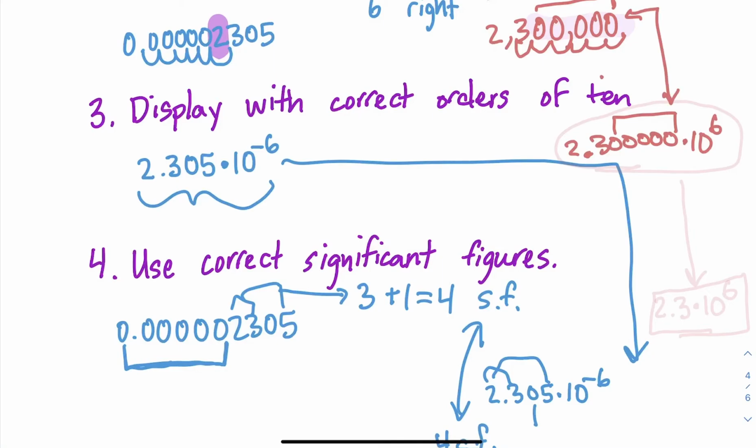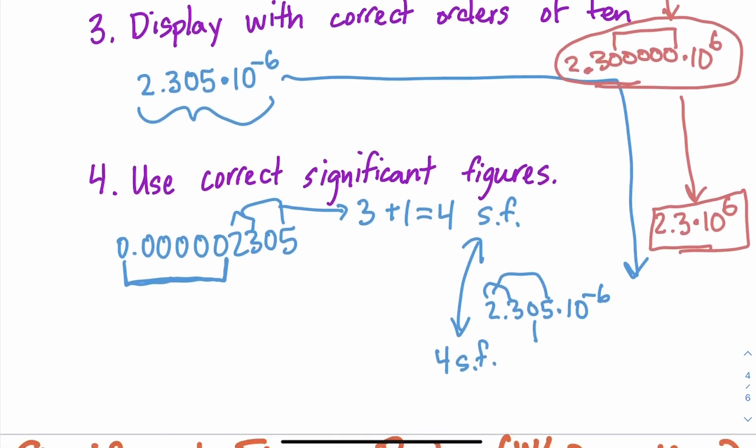So in order to change that, we would have to realize that all these zeros are not significant because they are to the left of the decimal point, and therefore we have 2 significant figures. So we have to make sure that this has 2 significant figures as well. How can we do that? Well, and I'm running out of room here, but we can change this to 2.3 times 10 to the 6th. And now we're happy.